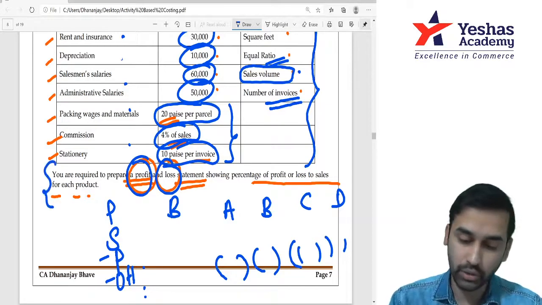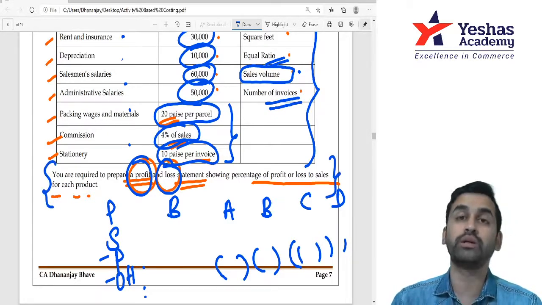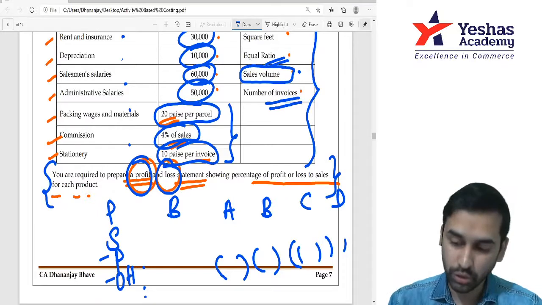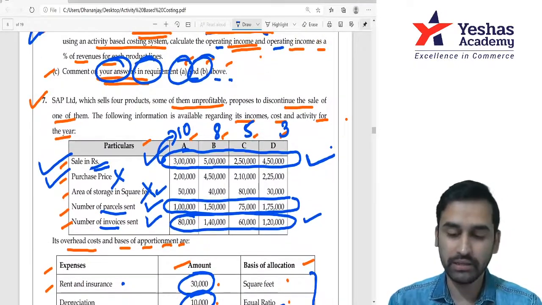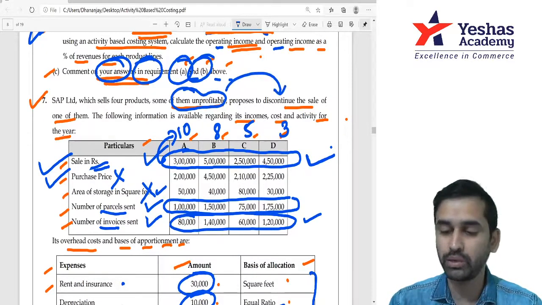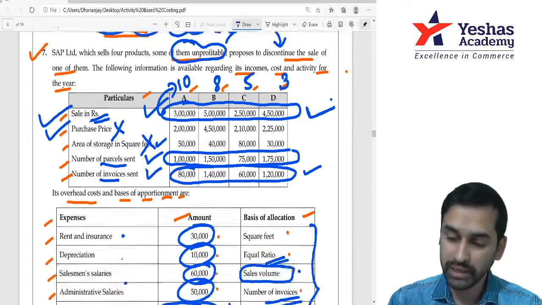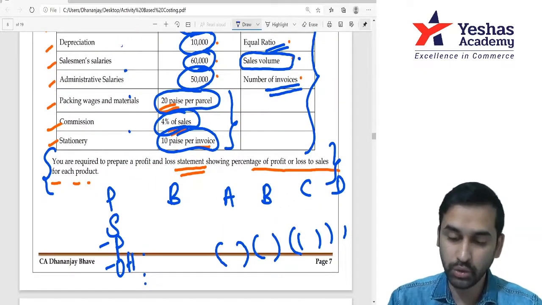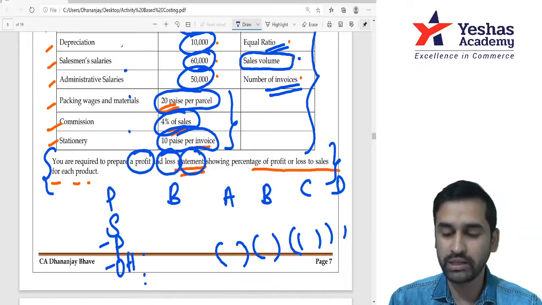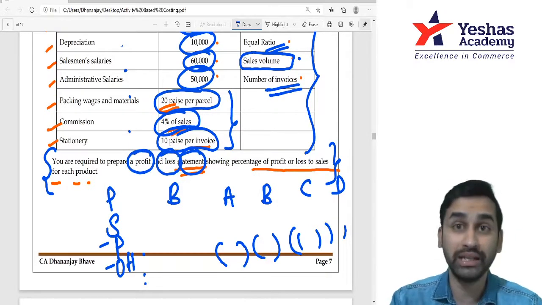And did they ask you which product to continue, which product to discontinue? No. Though you observe, in the initial paragraph they started with this line, some products are unprofitable, they're proposing to discontinue, etc. But later what they asked us to do is only to prepare the profit and loss statement. They did not ask your advice.